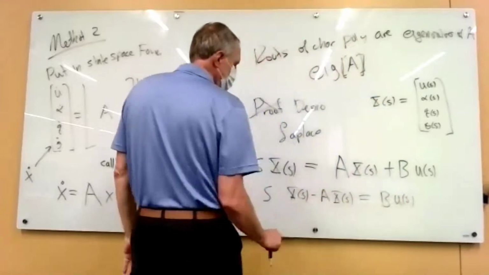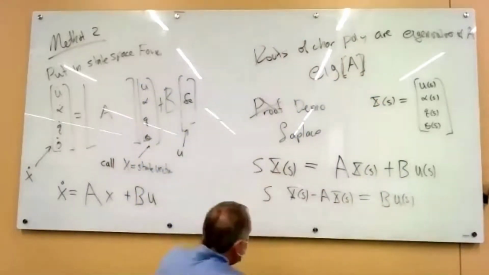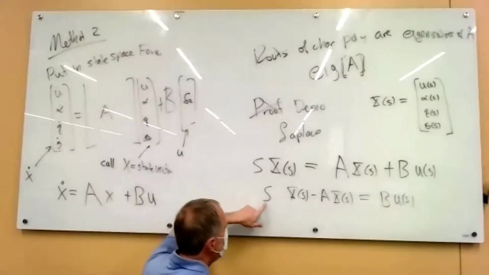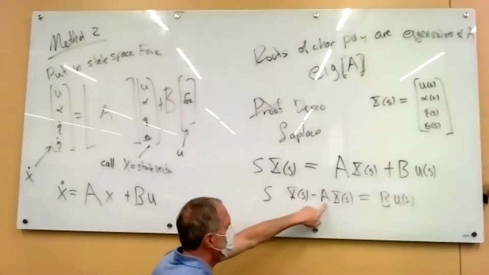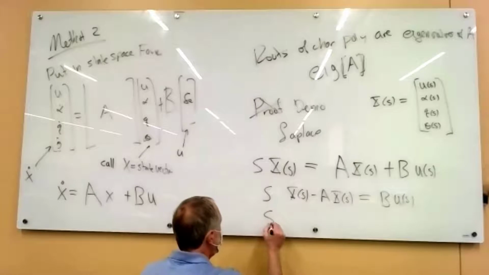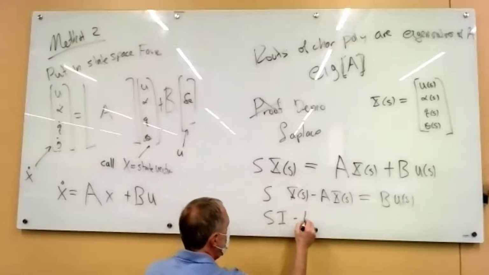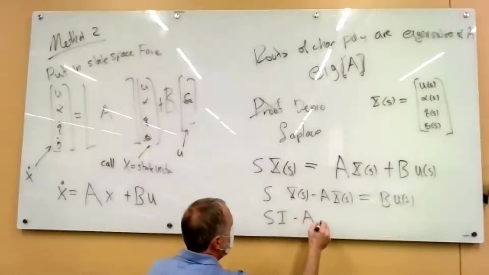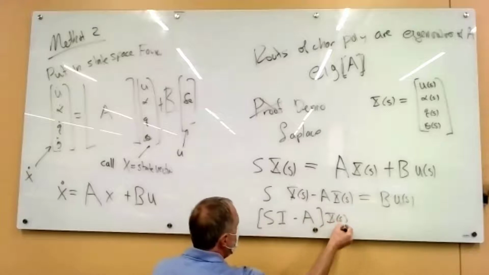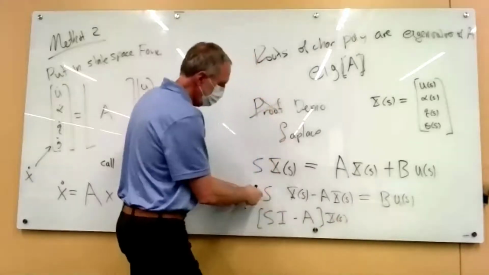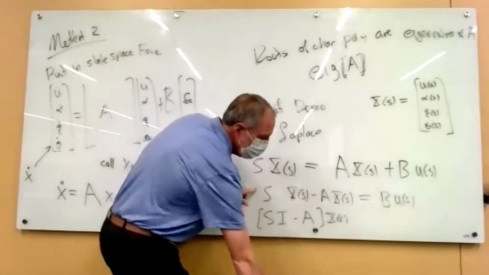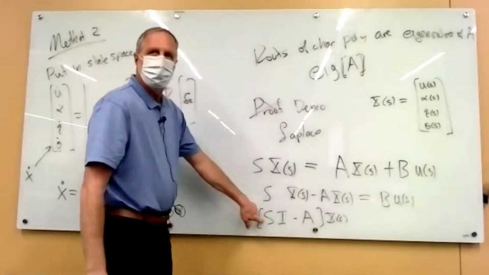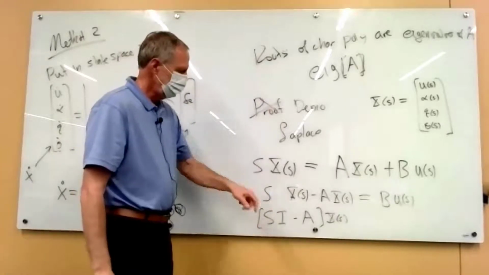And I want to factor the x out, but I have to be careful because s is just a variable and A is a matrix, but I can write this as S times the identity. And then it becomes a matrix that I can add to A. And I haven't changed anything because this is S times each of the terms in that column. And that's exactly what you get when you take S times the identity.